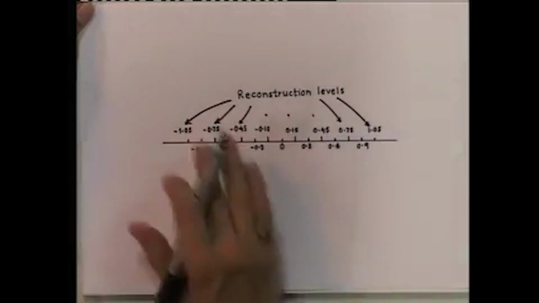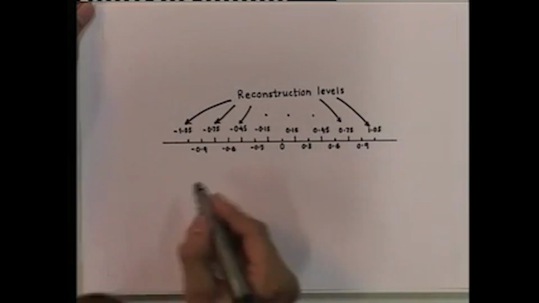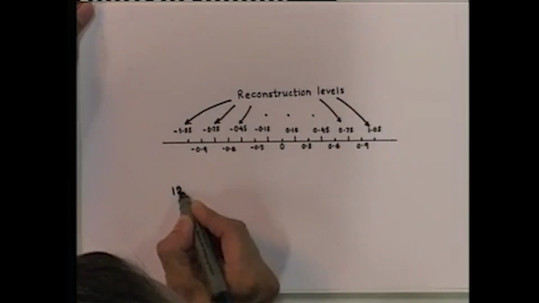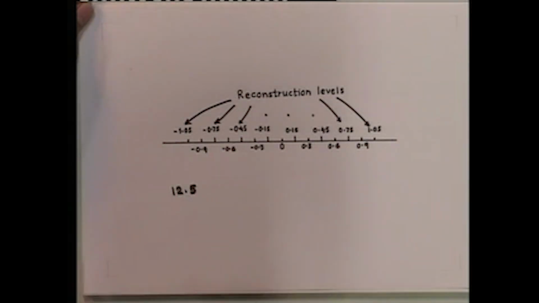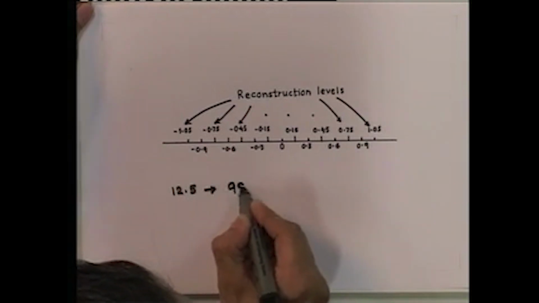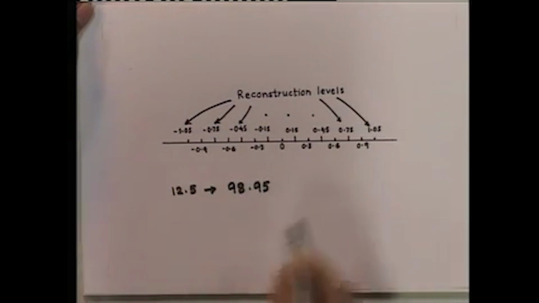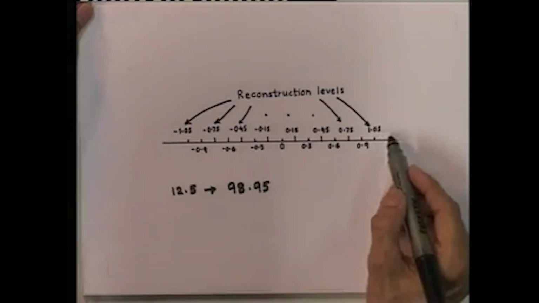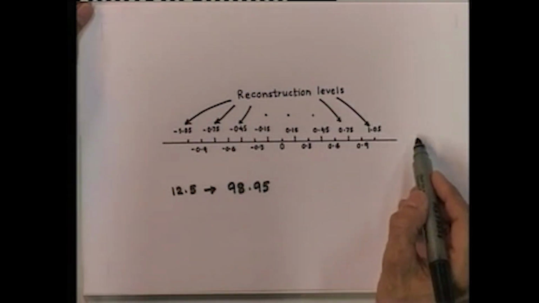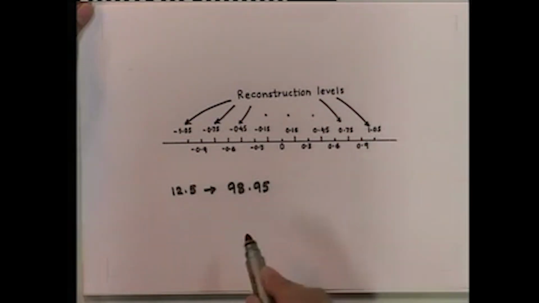Now, in this case, the maximum quantization error goes from 12.5 to 98.95, that is when the input is plus 100 and the reconstruction level is 1.05.